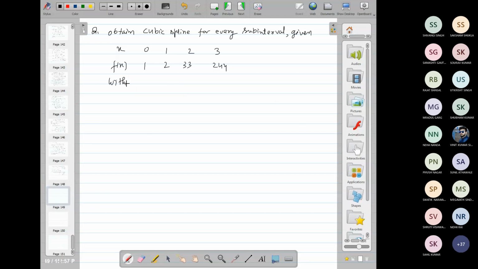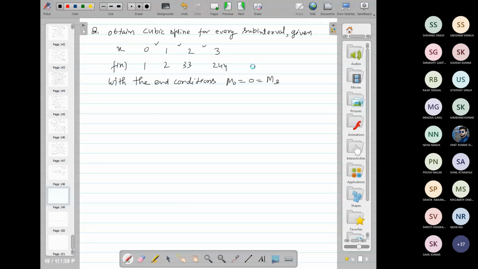and slope of the curve at the end point, with the end condition m0 is equal to 0 equal to m3. Here the subintervals are 1, 2, 3.